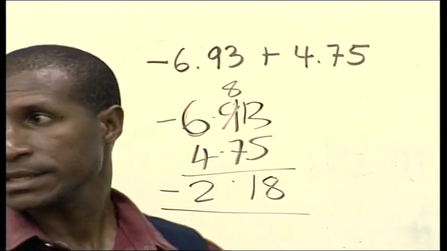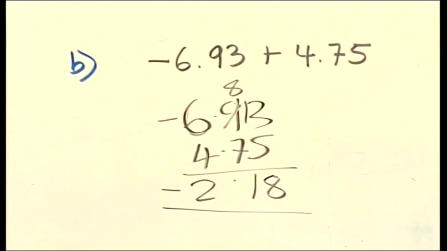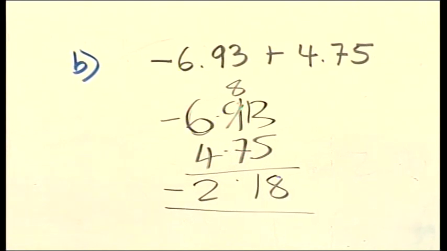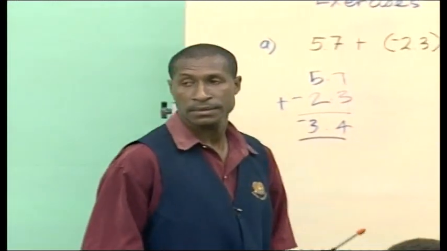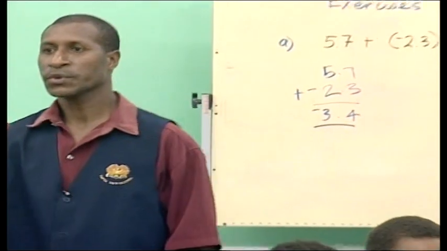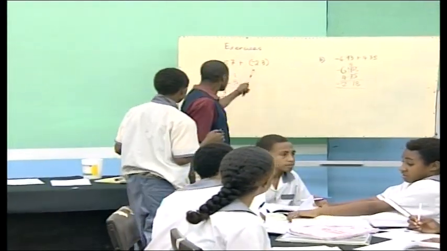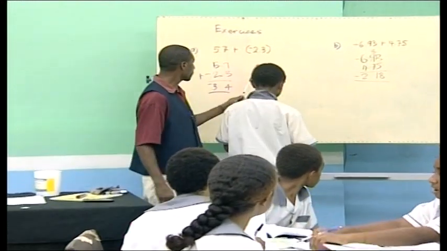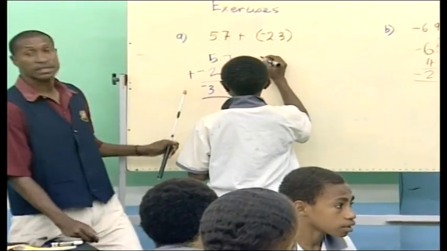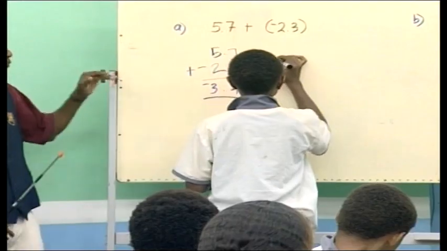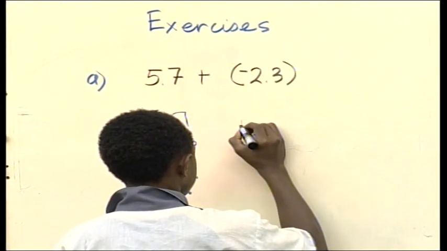Let us look at the answers. Cooper, you want to write your answer? Okay, Cooper, come. Cooper thinks that Daisy has the wrong answer, so Cooper is going to show his on the board.